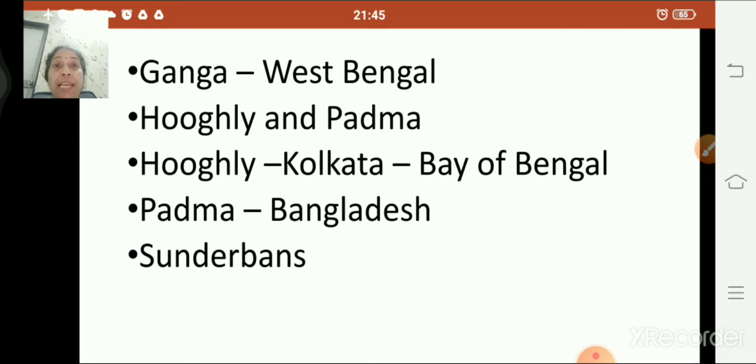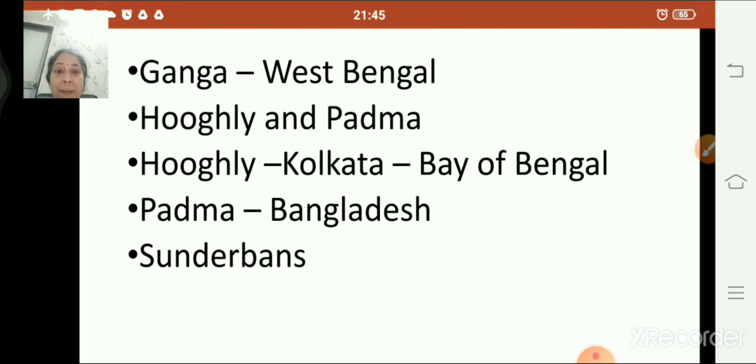So children, please note, the Jamuna and Yamuna are two different rivers. So Padma enters Bangladesh and joins the Jamuna, the main branch of Brahmaputra in Bangladesh, before entering the Bay of Bengal.